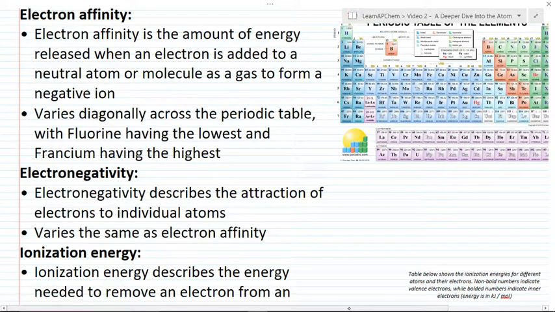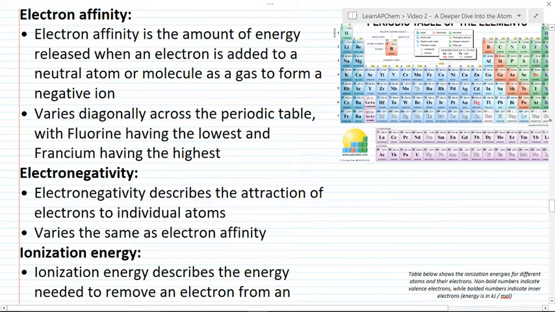So the very concise definition is the amount of energy released when an electron is added to a neutral atom, forming a negative ion. It's similar to electronegativity, but not opposite to it.